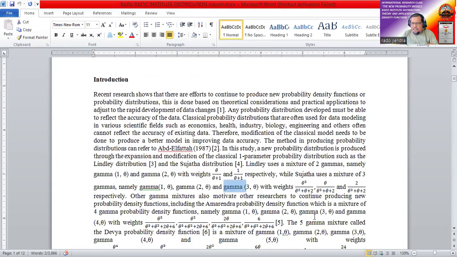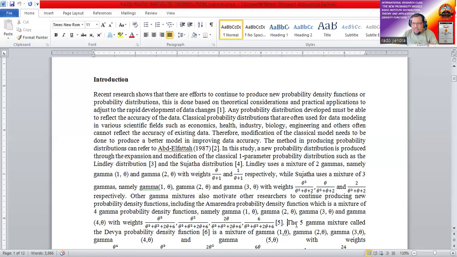And of course, the Amarendra distribution is the mixture of four gammas, namely gamma 1 theta, gamma 2 theta, gamma 3 theta, and gamma 4 theta, with weights theta power 3 divided by theta power 3 plus theta power 2 plus 2 theta plus 6, and so on until 6 divided by theta power 3 plus theta power 2 plus 2 theta plus 6.